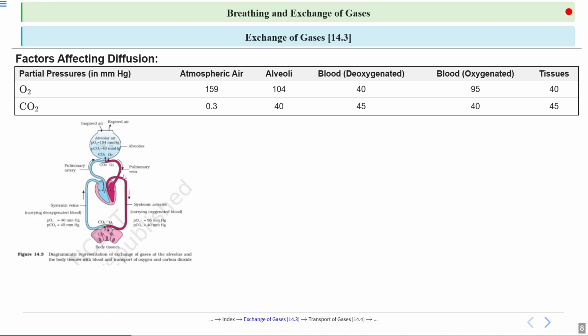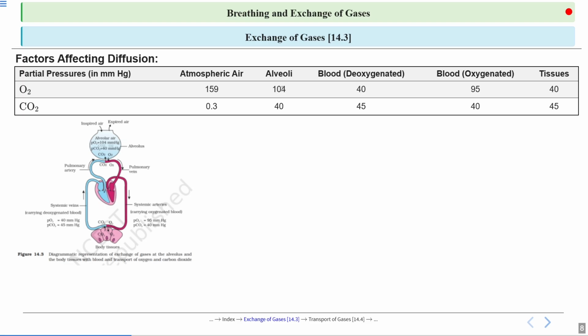So deoxygenated blood is not releasing oxygen, it is taking oxygen from the alveoli. It is already having some concentration of oxygen, because all the oxygen has not been used. But see the difference: alveoli is having 104 and deoxygenated blood is having only 40.